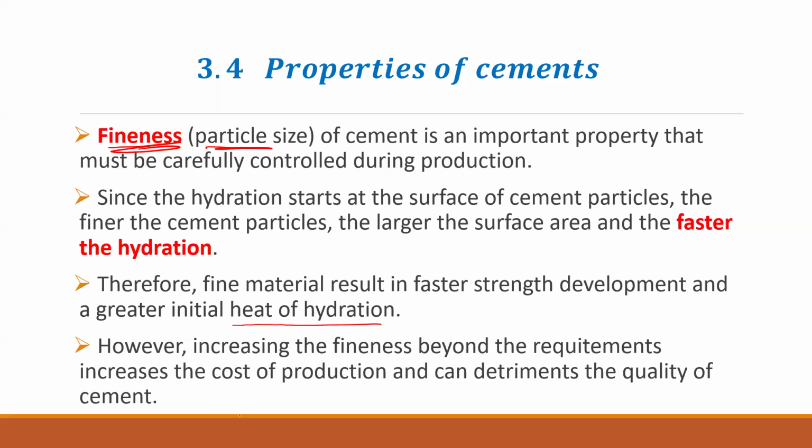We can control the fineness of the cement during the manufacturing process. We can mill it to small particles if we want the reaction to happen faster. However, we can't do it beyond a certain limit because it will be very costly to make the particles smaller than a certain amount.